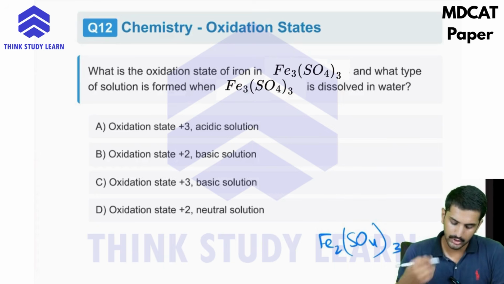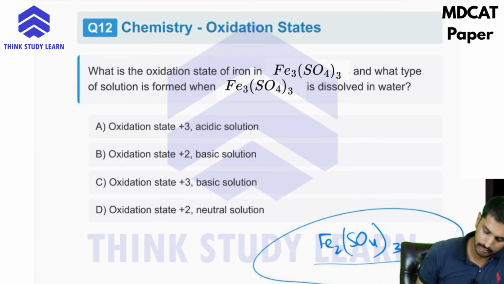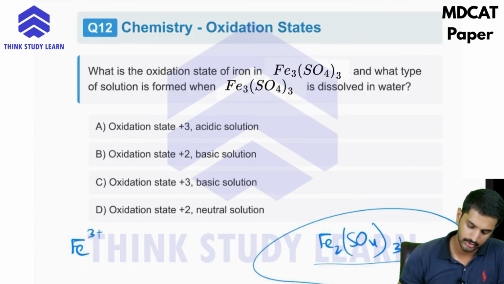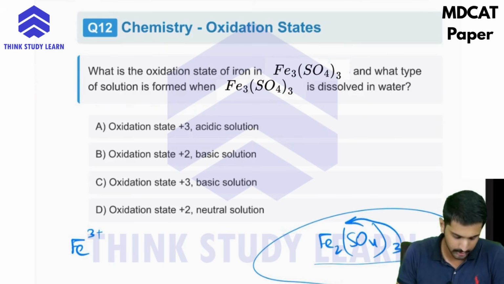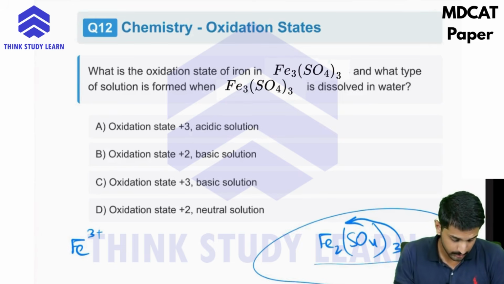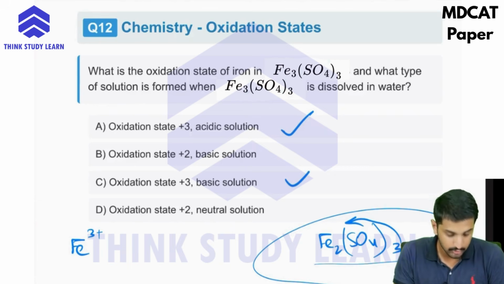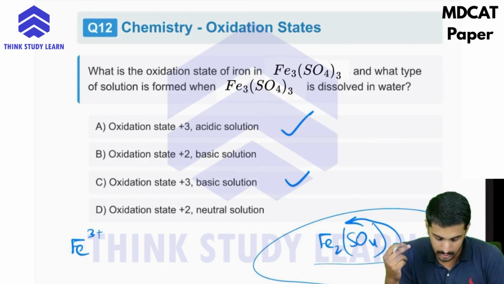So we can look at the formula here, and by looking at it, we can see that its oxidation state has to be Fe3+. This 3 will make it Fe3+, and so only these two qualify to be judged on the second condition, which is its nature.